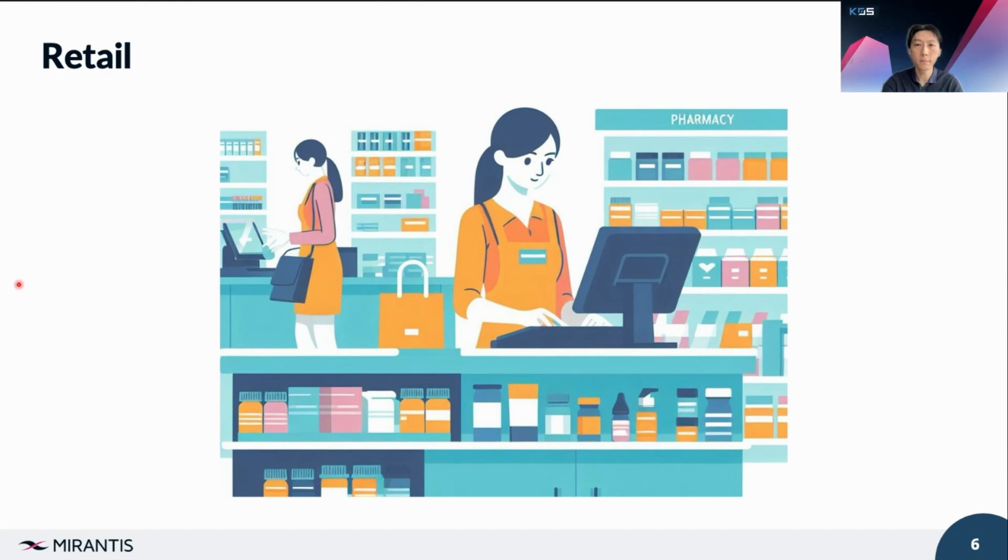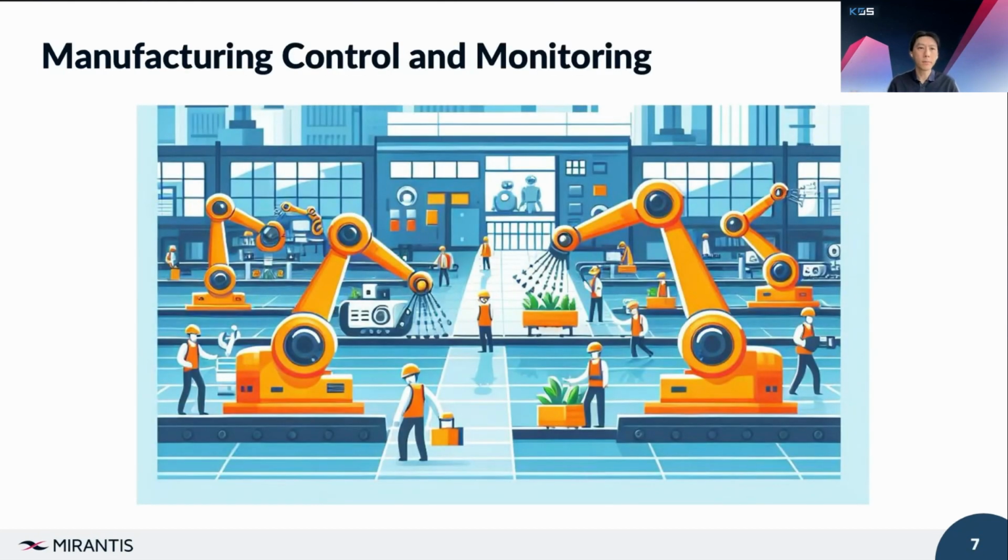The second scenario, manufacturing control monitoring, a big edge use case over here, where you want to run your workloads directly on the manufacturing floor, orchestrating different perhaps manufacturing robots or logistics robots, or even your fleet management and so on.